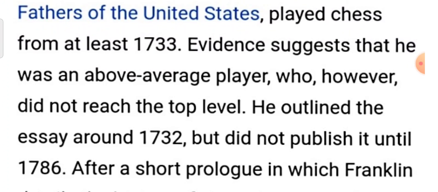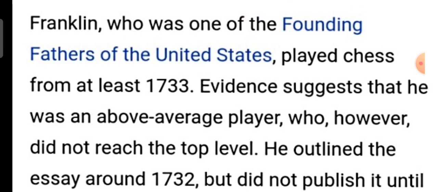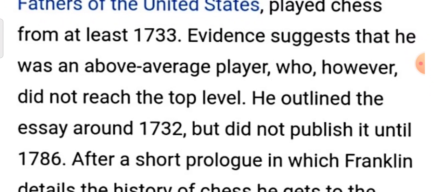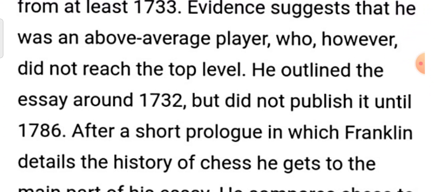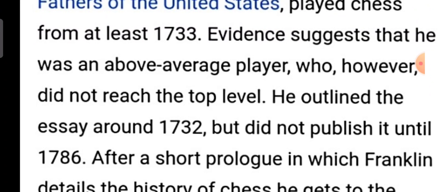But still he loved the game so much that he outlined an essay about it around the year 1732. But he did not publish it until 1786.